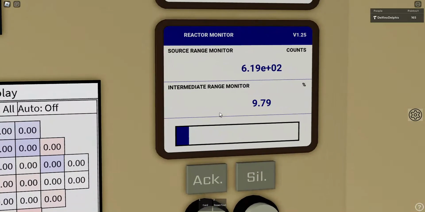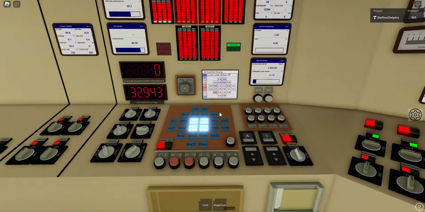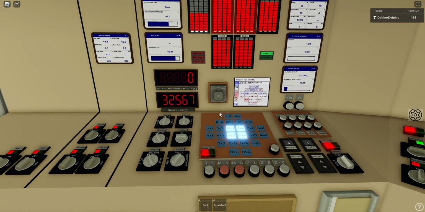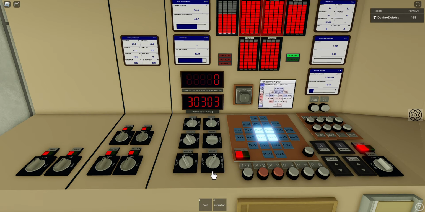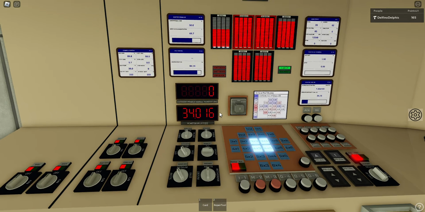And you can see that we are slowly out of the source range into intermediate power range. Okay, let's stop here. So you can see after the rods are stopped, the period is rising, but it's rising very slowly. So we are now critical.